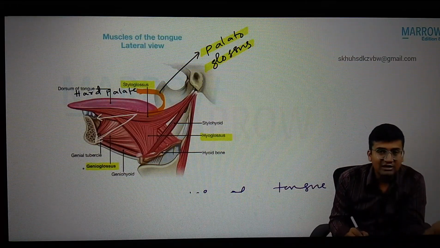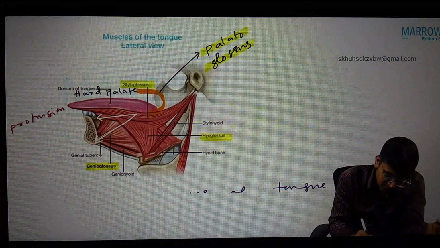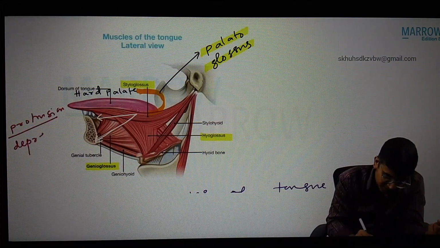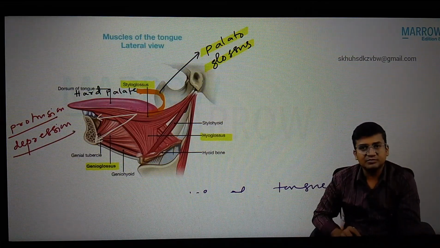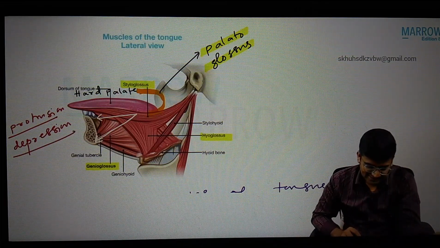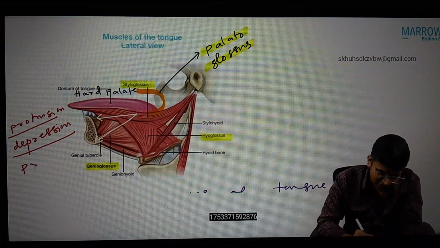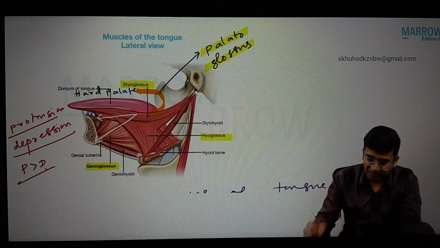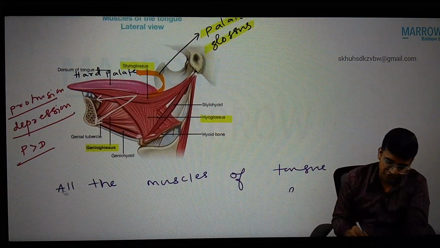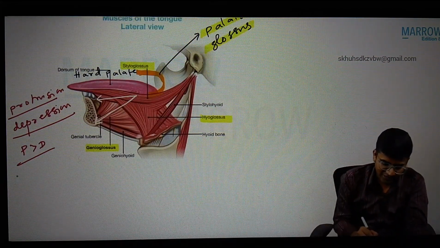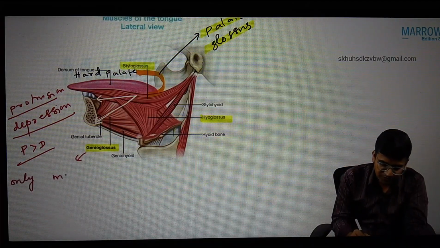So the genioglossus muscle has two actions. Number one, protrusion, and number two, depression. Out of these two actions, the best action is protrusion, greater than depression. And please remember, genioglossus is the only muscle for tongue protrusion.